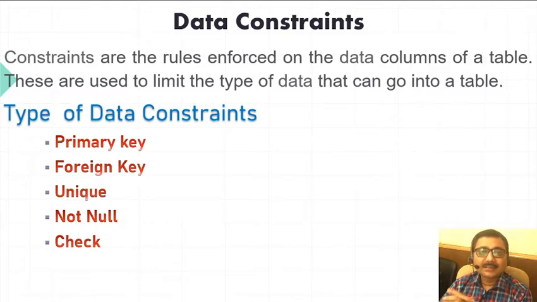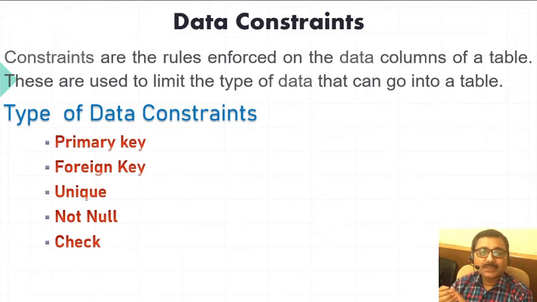That is again a kind of rule which can be supported by a data constraint like primary key. If I want that some column of a table cannot be duplicated and cannot be left empty, then in that case we can add primary key constraints.